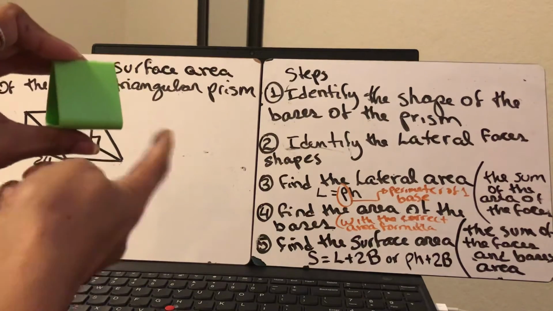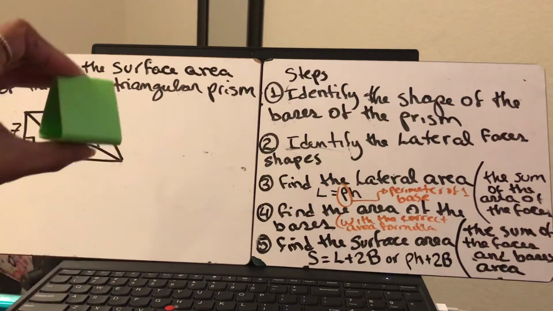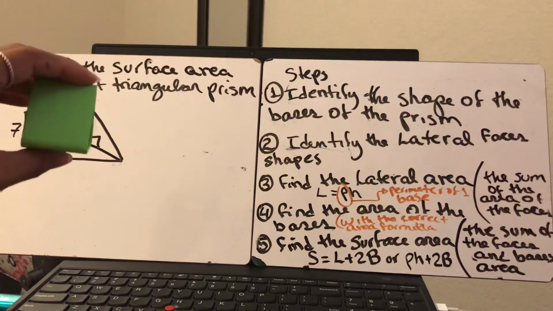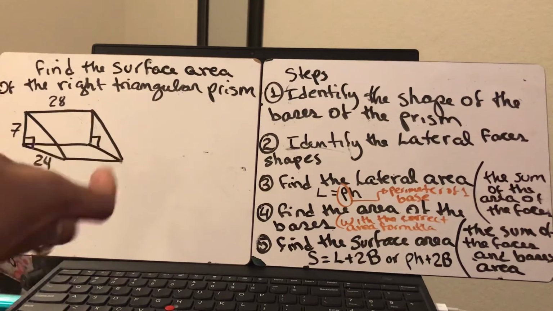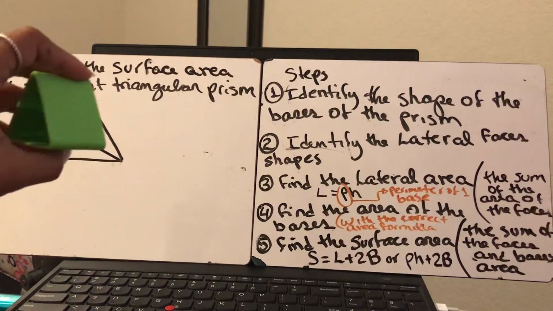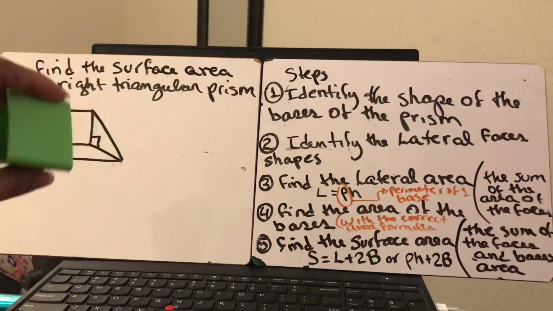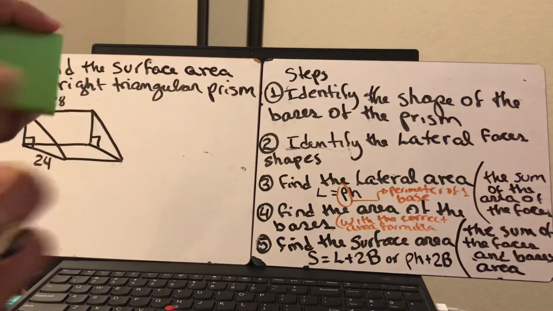If I stand it this way, these are still my bases. So always identify your base. Sometimes you have to rotate it with your brain just to see what the base should be. It should always be two of them, and they're always congruent.